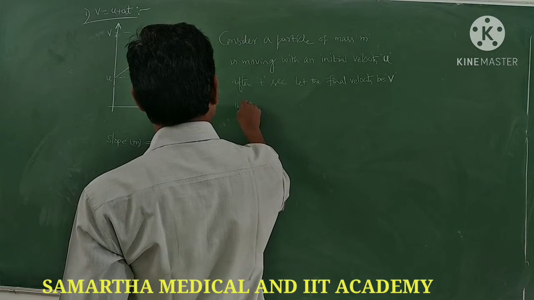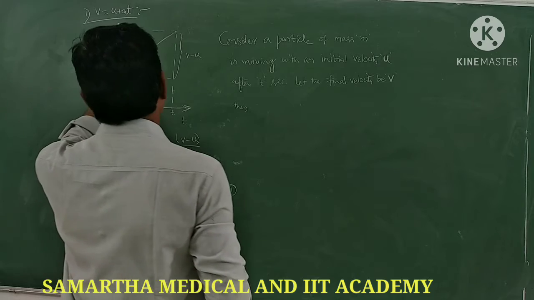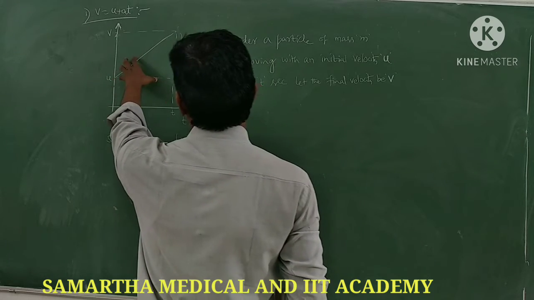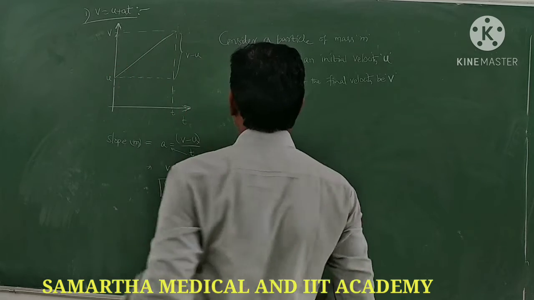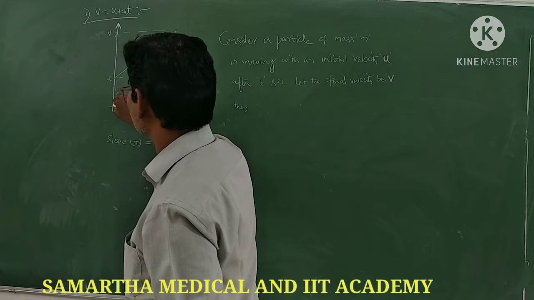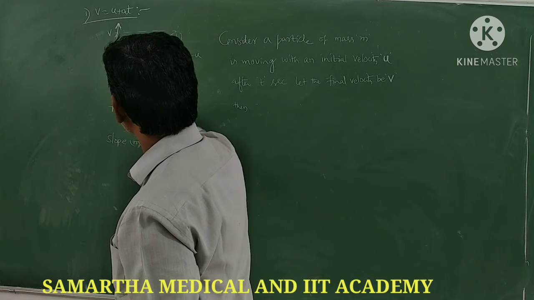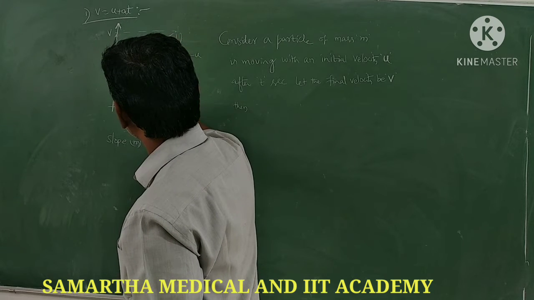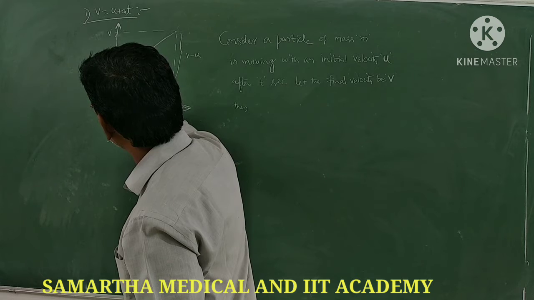Then the slope of the particle which is going along the v-t graph is shown like this. It is having some initial velocity which is not 0, but if you take from here, you can take initial velocity as 0. Like this you can draw, but initial velocity is not 0, so some value is there, 1 meter, 2 meter, 3 meter, 4 meter, like that.